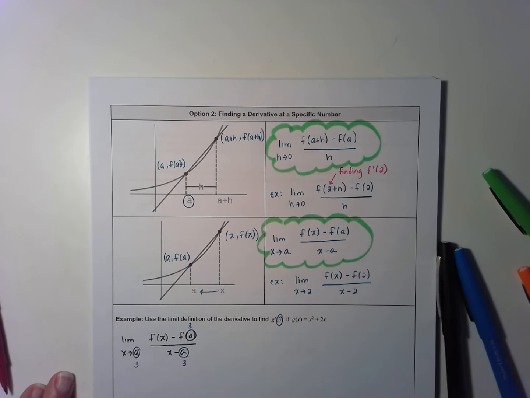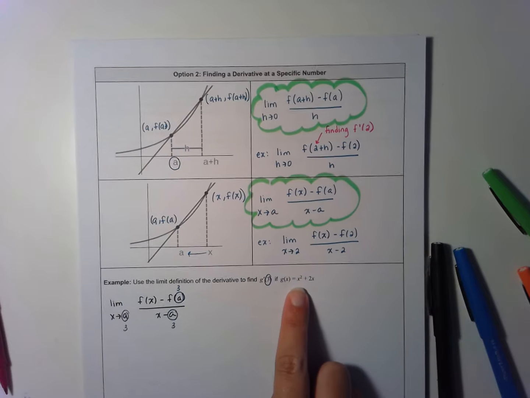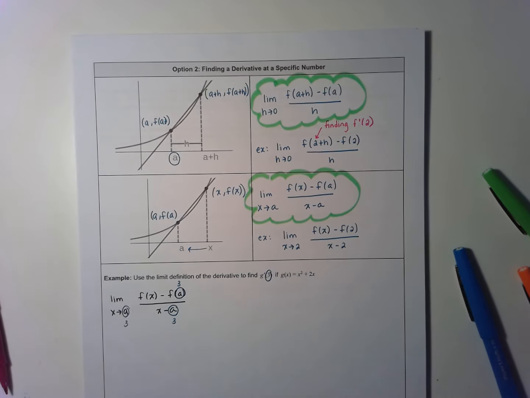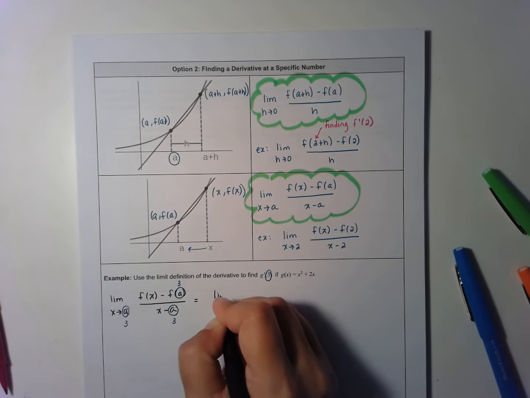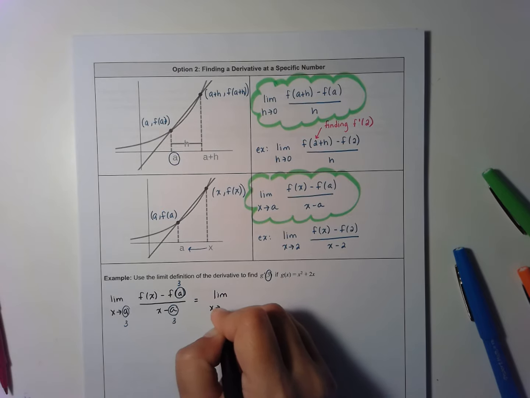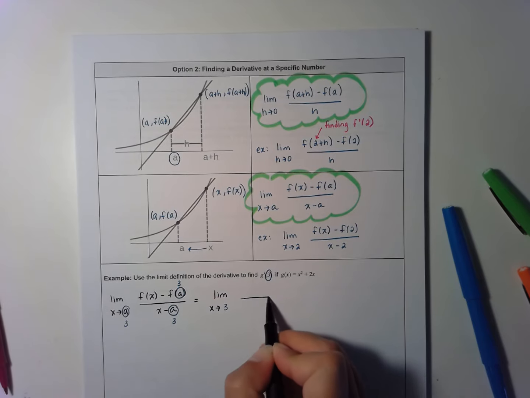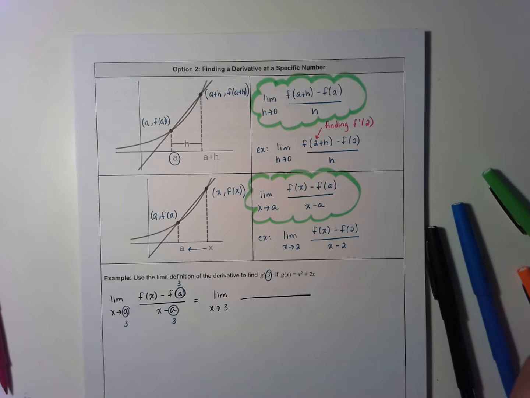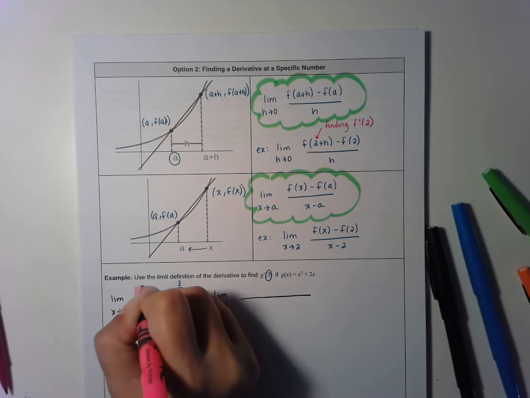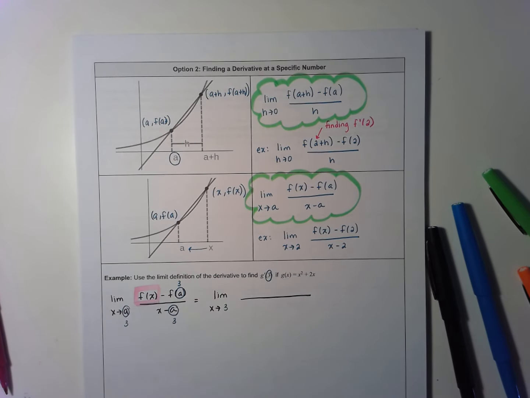And I'm going to also need to use my specific formula g of x. So I would have the limit as x approaches 3, and I would use my function. So instead of f of x, I'm going to use g of x here. So that would be just your formula without any numbers plugged in.